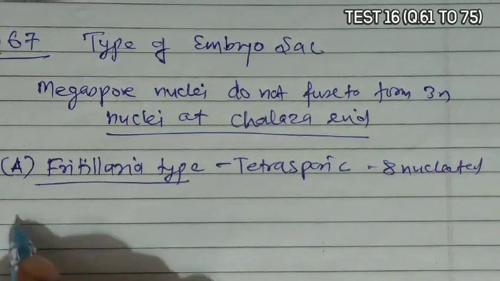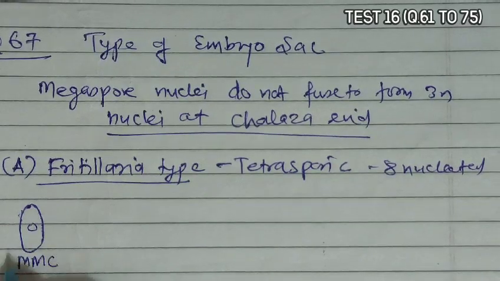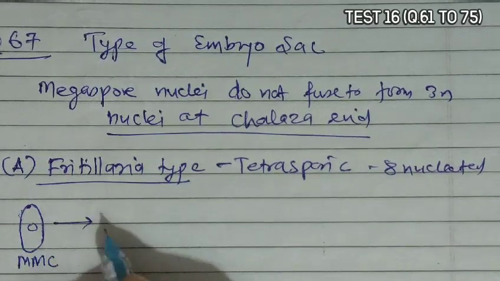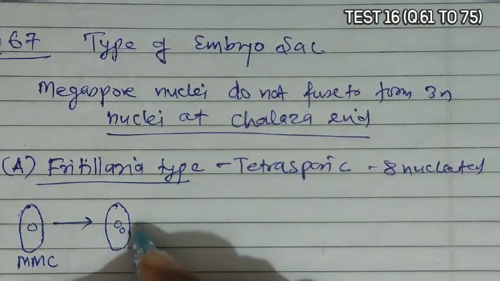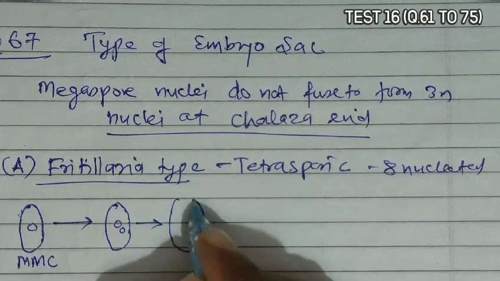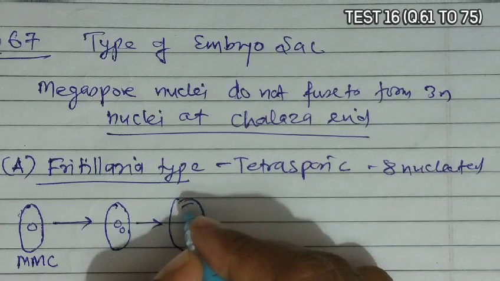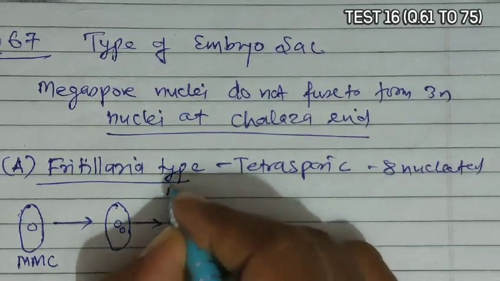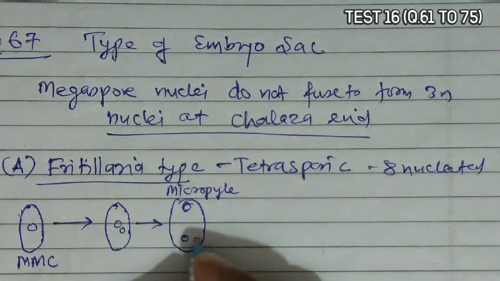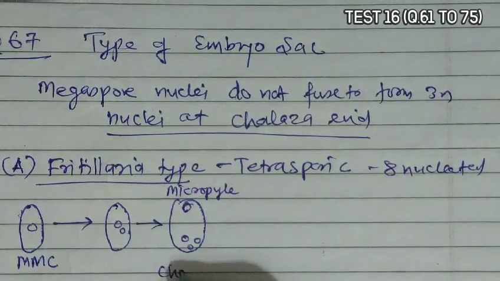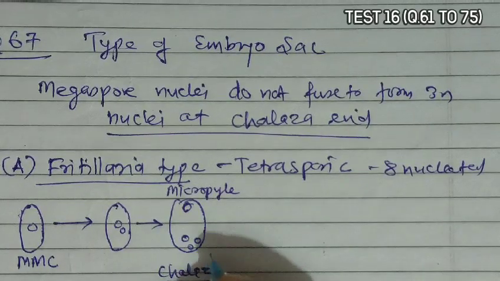In this there is a megaspore mother cell with a single nucleus. It undergoes meiosis 1 and 2 nuclei are formed. Then it undergoes meiosis 2 and a total of 4 nuclei are formed. Out of the 4 nuclei, 1 is at the micropylar end and 3 are at the chalazal end, and these 4 nuclei represent the 4 megaspores.